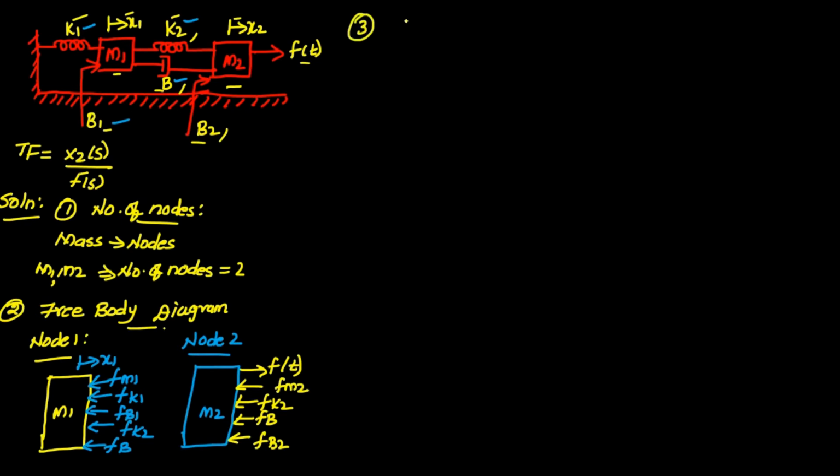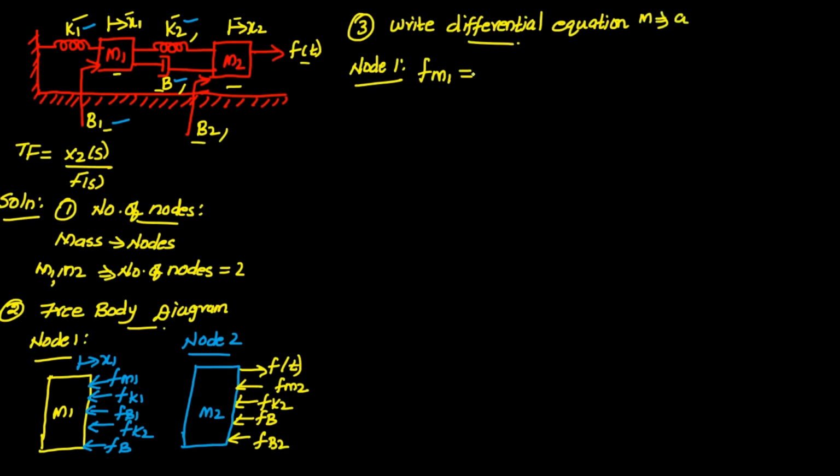So what is step 3? Step 3 is we need to write the differential equation. So we are going to write the expression for opposing forces. So what is Fm1? So as we know, mass is related to acceleration. So how will you write Fm1? Displacement related to M1 is x1. Similarly, how will you write Fk1?